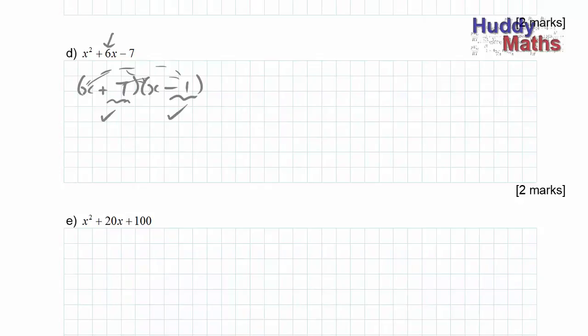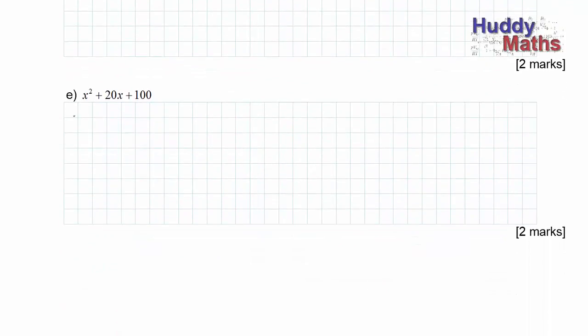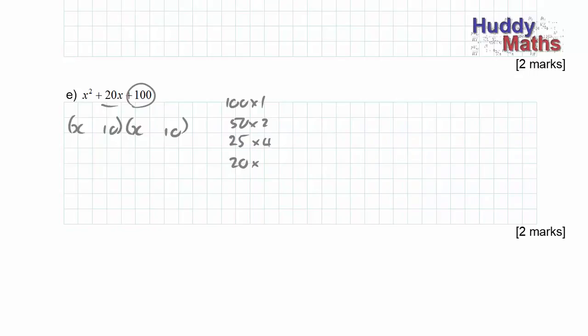Let's go to the next one, a similar problem, and here x squared plus 20x plus 100 fits the usual pattern of FOIL, x by x, and numbers multiply together to give 100. Probably won't want to go through all of them because 10 tens, you might spot that straight away. Otherwise you'd put 100 by 1, 50 by 2, divide by 3 doesn't go, divide by 4, divide by 5, and keep going up to 10.